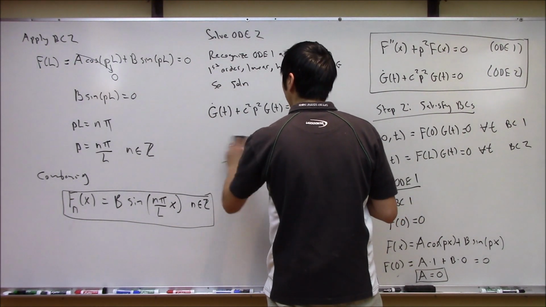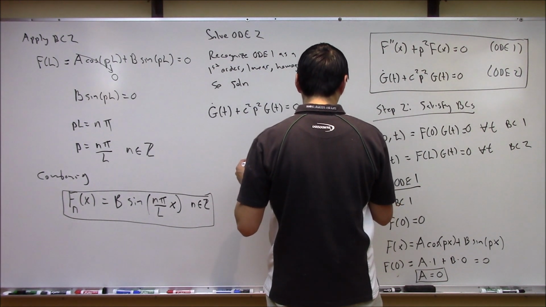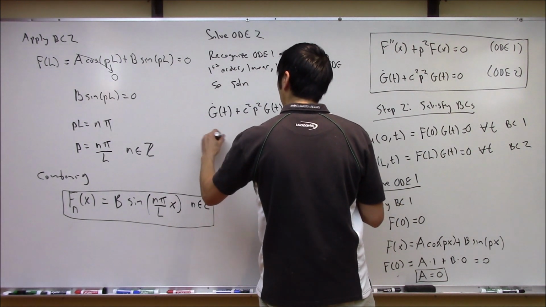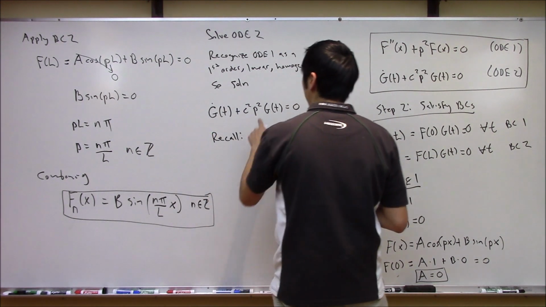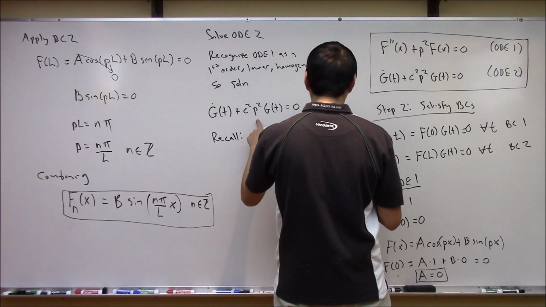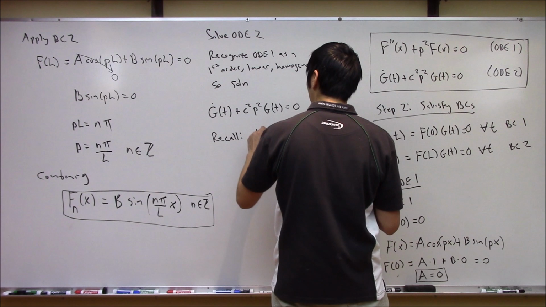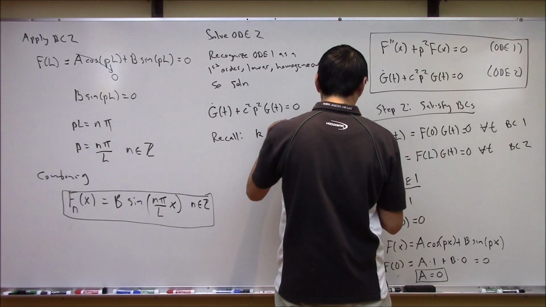What I want to do here is take a look at this separation constant p. If you recall, earlier we said that this value p was part of our separation constant, and that it had to be negative. In other words, the separation constant k was equal to minus p squared.